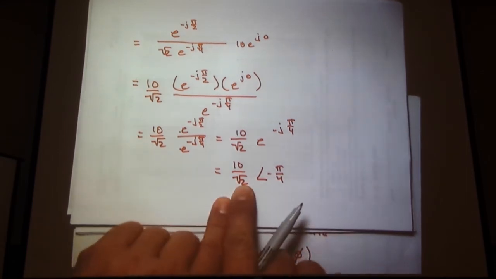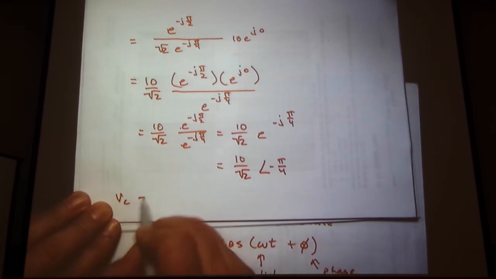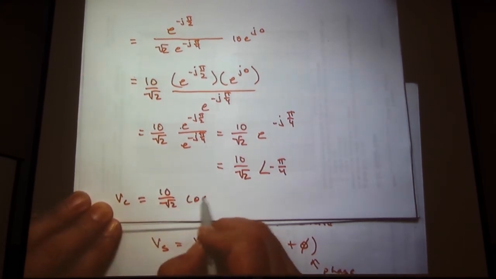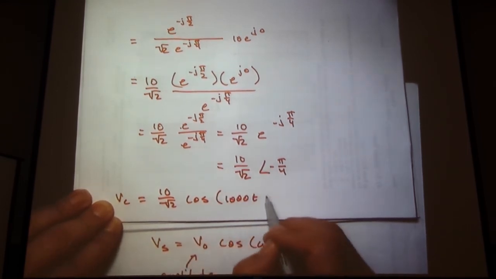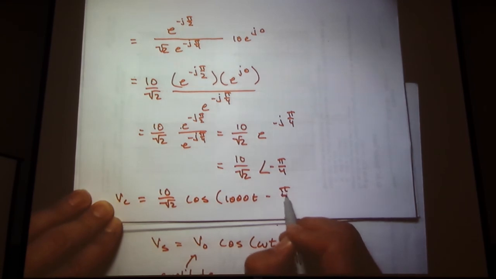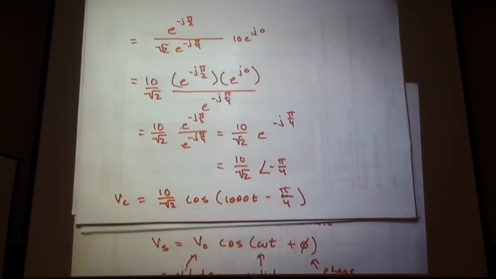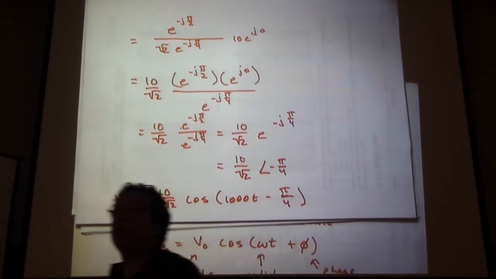Well, here's an amplitude, here's a phase. What's VC? VC is 10 over square root of 2, going back to our original problem, cosine 1000t minus pi over 4, or minus 45 degrees. And there would be our final expression.